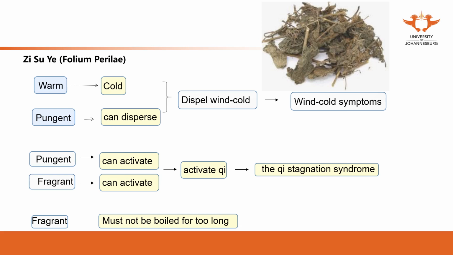The stem is good for activating the qi, and the seeds are good for relieving the cough. So different parts of the herb have different functions.